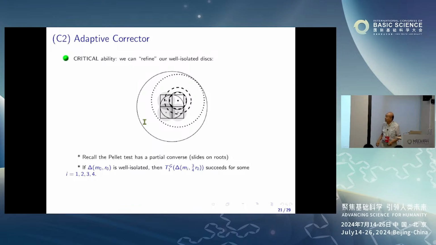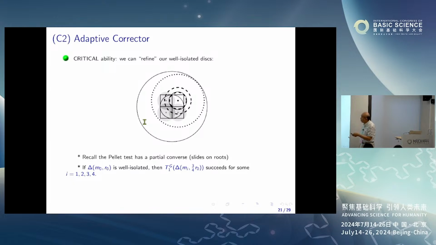For instance, if this circle is a well-isolated disk tracking your root, so there's no roots in a bigger circle 3 times. Suppose you say, well, I want to shrink my well-isolated test.